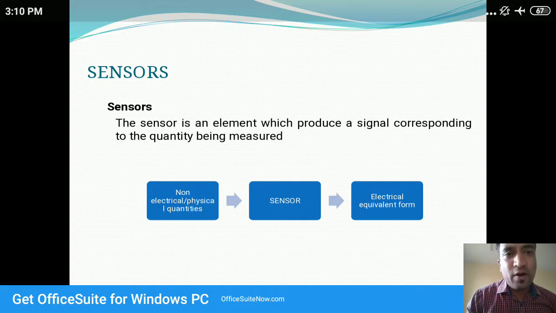A sensor is an element which produces a signal corresponding to the quantity being measured. Here, in the first box, whatever electrical or non-physical quantity we give as an input, the sensor senses that and produces the respective electric signal.